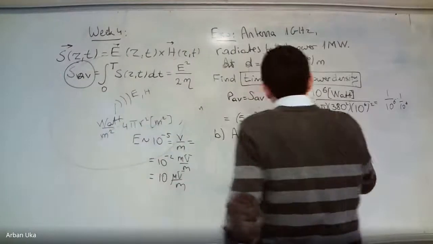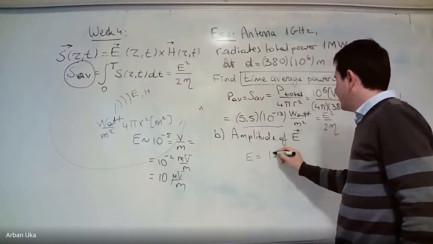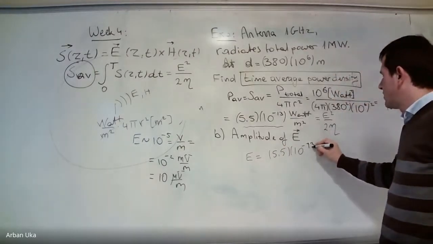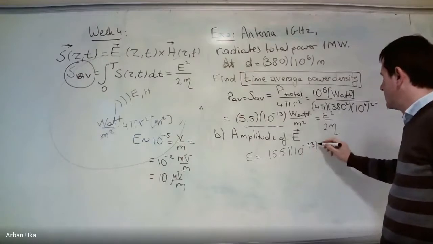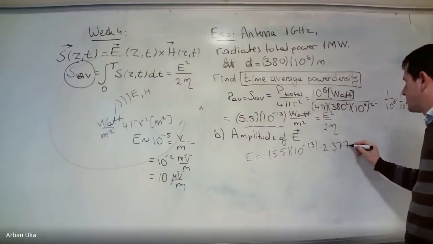If we substitute these numbers, we find that the electric field is equal to the square root of 5.5 times 10 to the power minus 13 times 2 times 377.